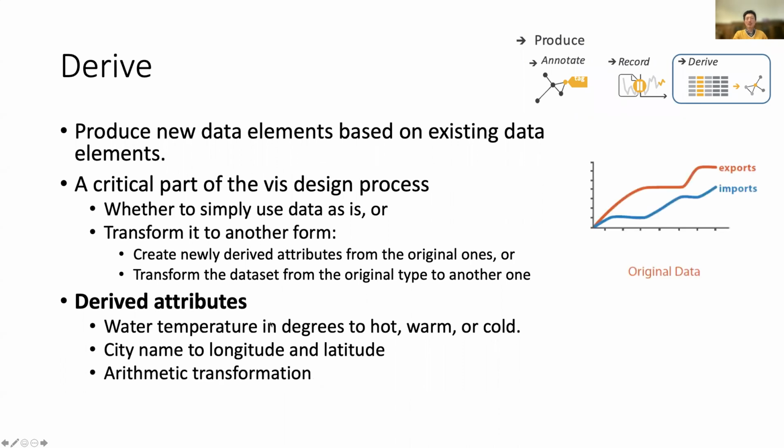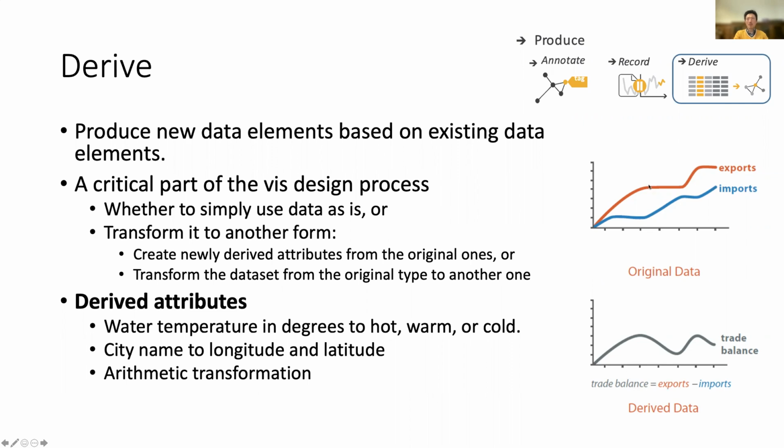Okay, and you can also sometimes do this and maybe get something more interesting. So this is like the original data, and it tells the import and export of a country. But for example, what you are much more interested in is the trade balance of the country, so whether the country is importing more or exporting more.